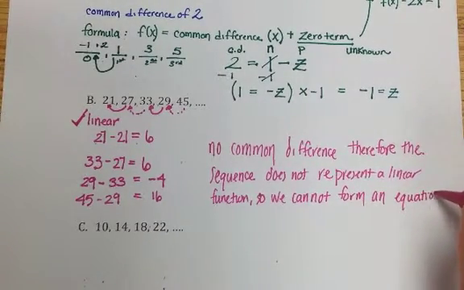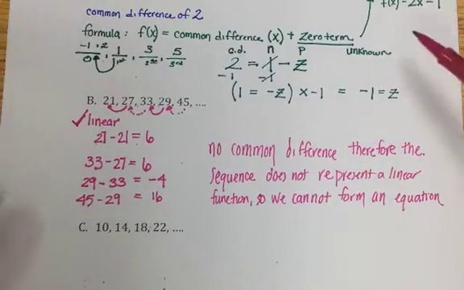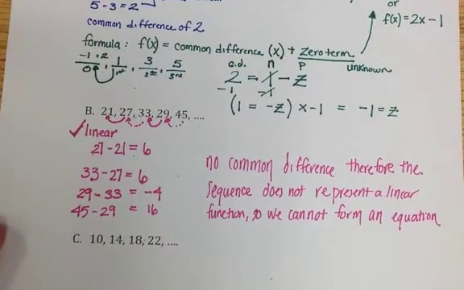So if it's linear, then we move on to the steps we did above in finding the equation. If it's nonlinear, then you are finished with the problem. We can't create a linear equation from a nonlinear sequence.